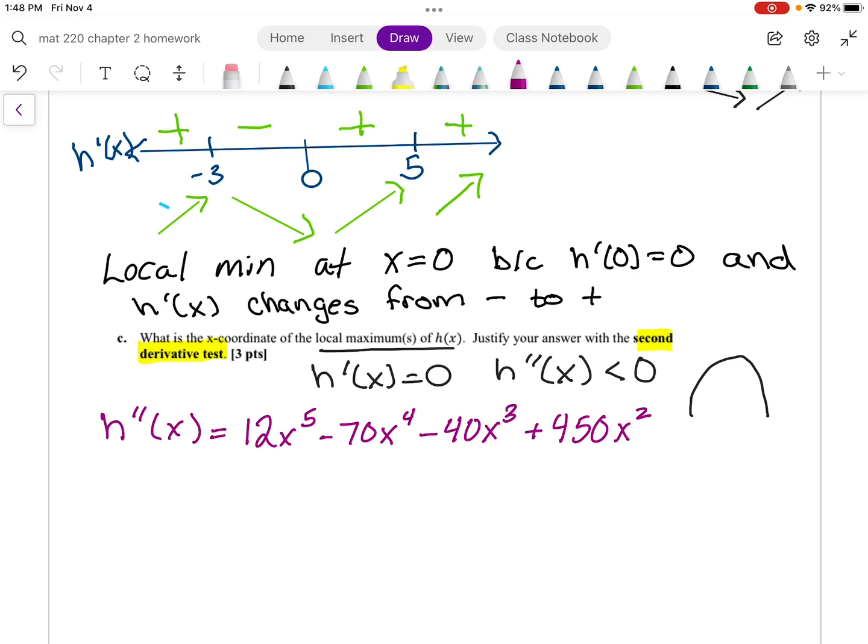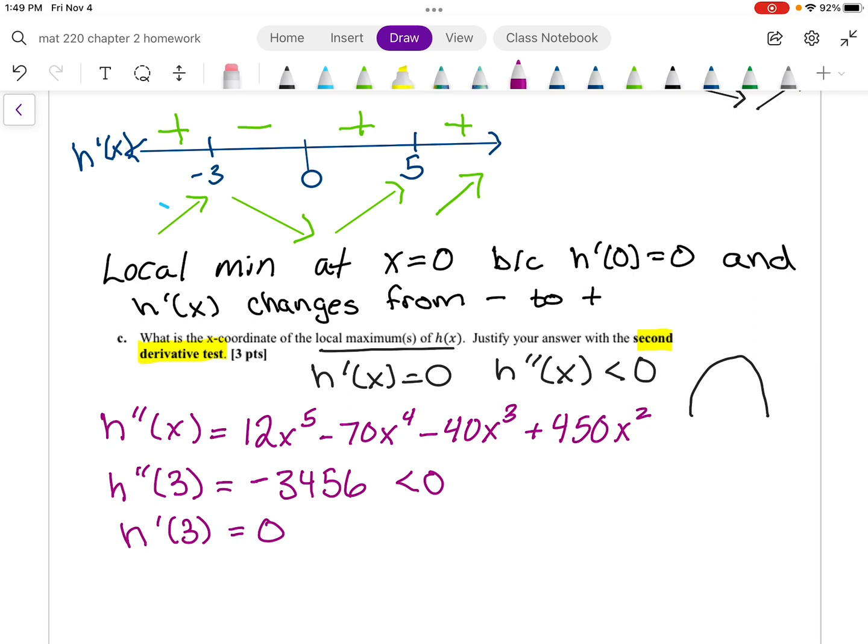And if I were to plug in -3 into this function, and I would do this in a calculator, I come out with a negative 3,456. So that's obviously less than 0. Earlier in part A, I know that h prime of -3 is equal to 0. And so I have a critical value.